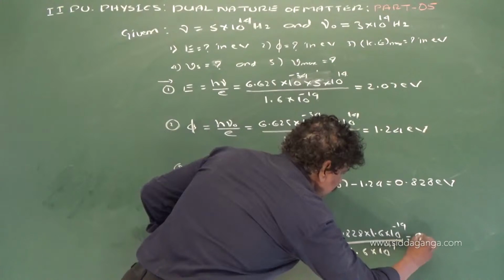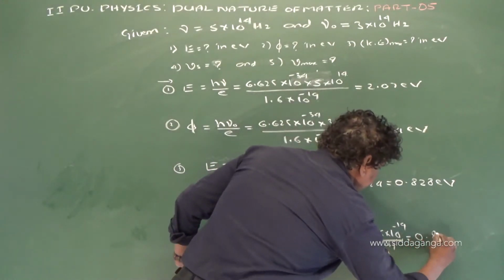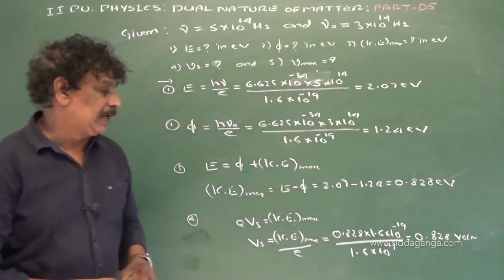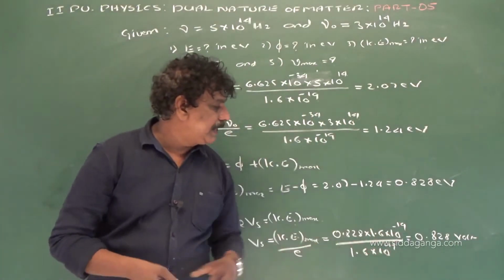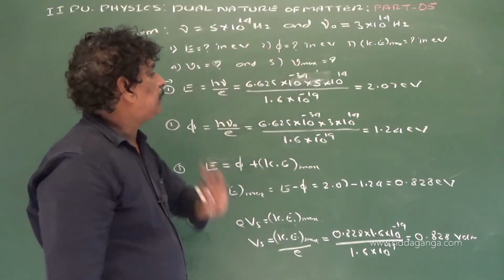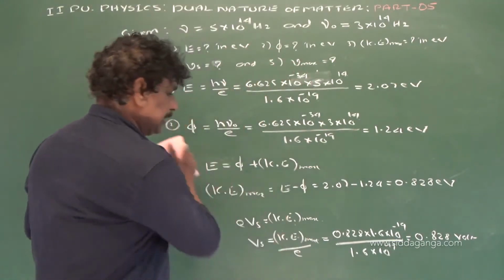Stopping potential comes in volt, that is the SI system. So the stopping potential comes out to be 0.828 volt. Now we need to find the maximum velocity.